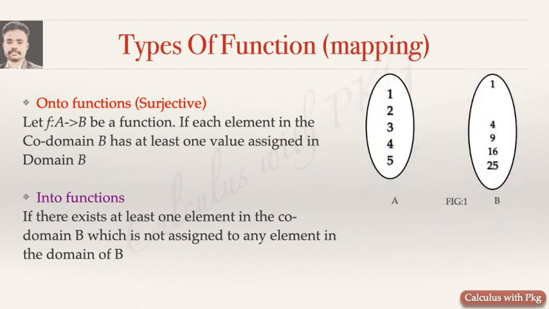Consider two sets A and B, where set A consists of some natural numbers 1, 2, 3, 4, 5, and set B consists of some natural numbers 1, 4, 9, 16 and 25.